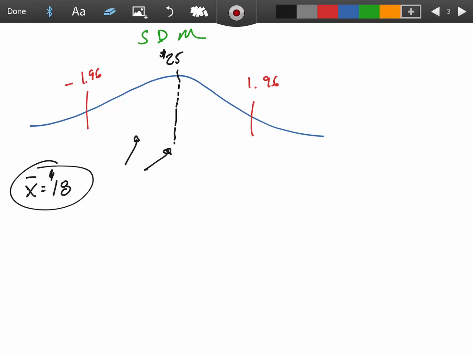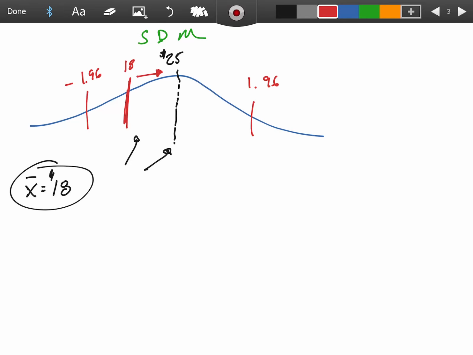If my $18 lands over here, then I fail to reject. That would mean I would say, this $18 is too close to the 25 for me to say that it's different.